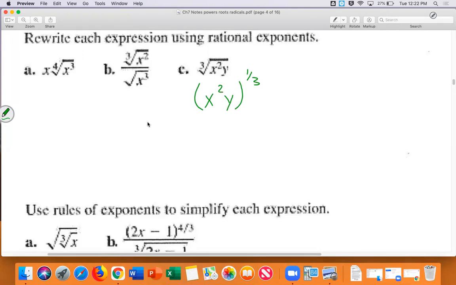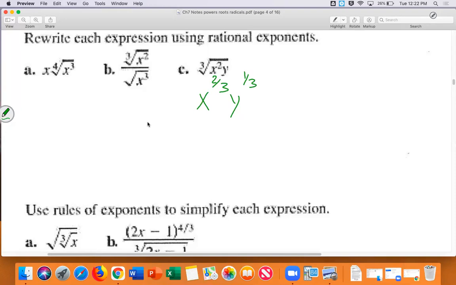Okay. If you don't like that, I could rotate it up individually both times. So I could rotate it up with the x's, that would be x to the 2/3 and y to the 1/3. Okay.